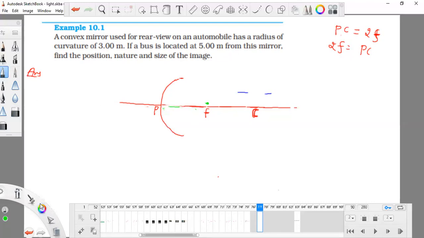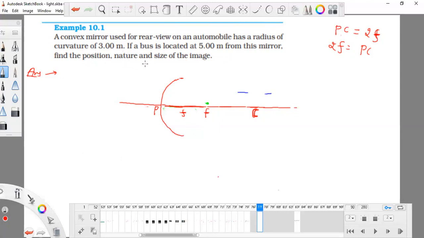So I'm writing the F here, from P to F. Now I'm going to write the measurements. The radius of curvature is 3 meter.